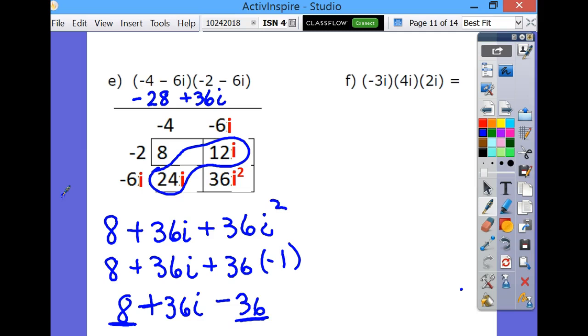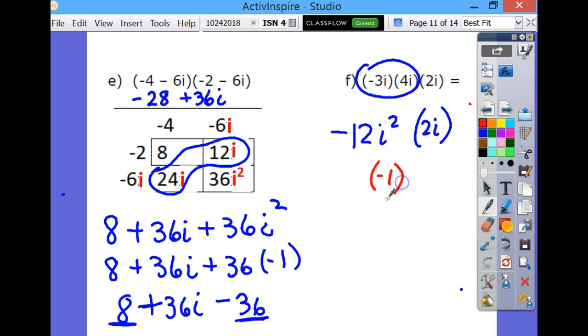Do I need a box problem for the next example? Example F. Do you see any addition signs in there anywhere or subtraction signs? This is multiplication. I multiply these two together first and get an answer. In place of the i squared becomes -1.